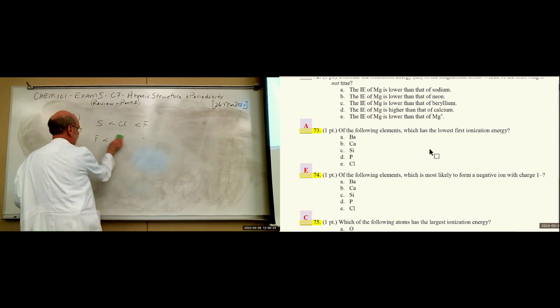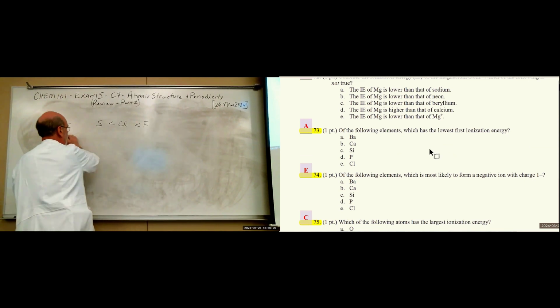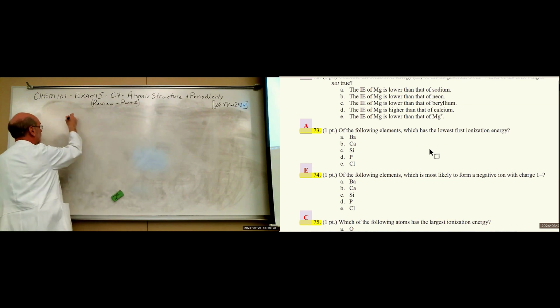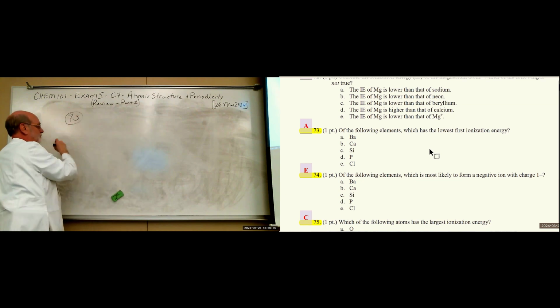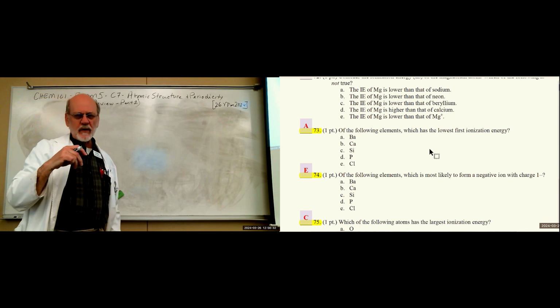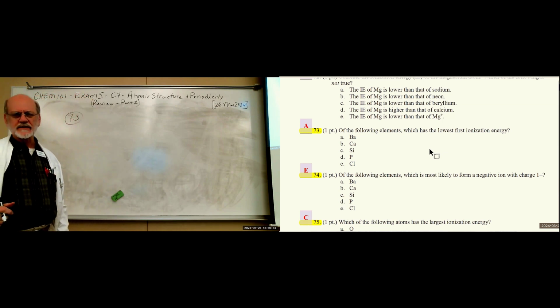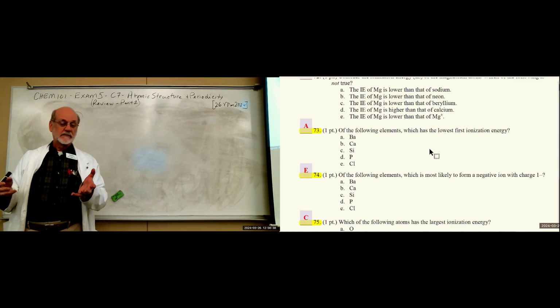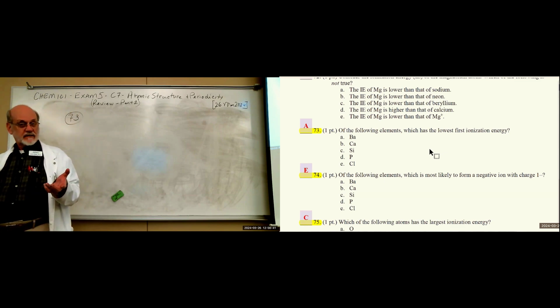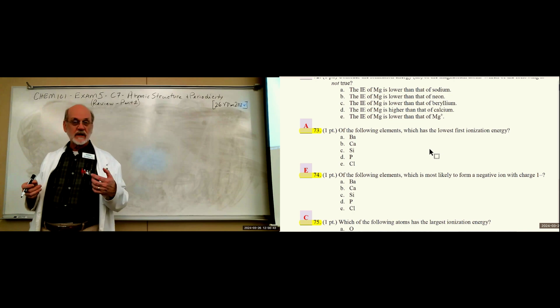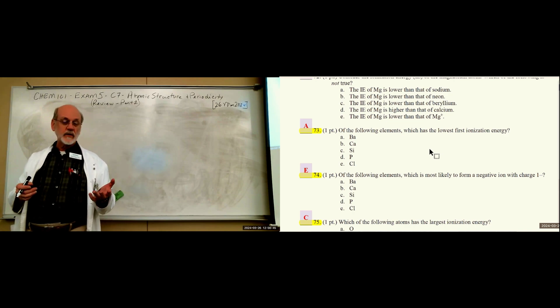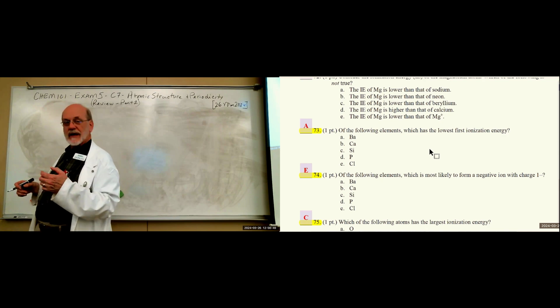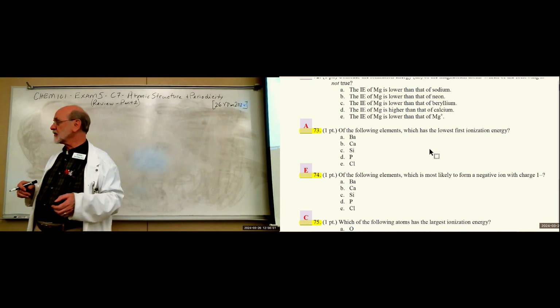73. Of the following elements, which has the lowest first ionization energy? We just look at what we got. And the first ionization energy is going to be lowest for metals, obviously. So we can throw out chlorine, phosphorus, and silicon's on the borderline, throw it out. Calcium and barium.